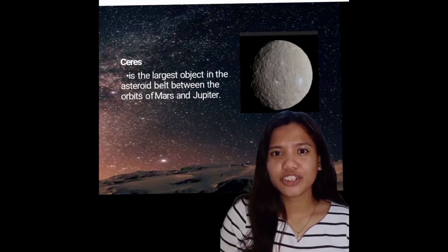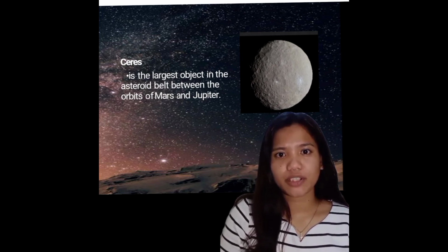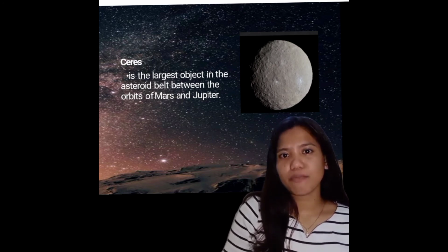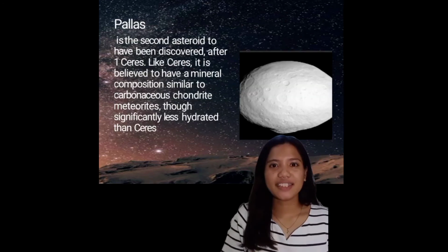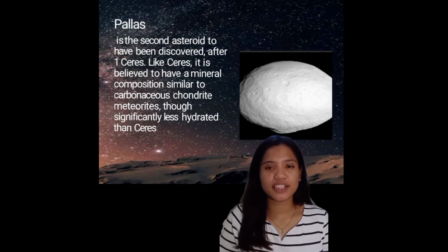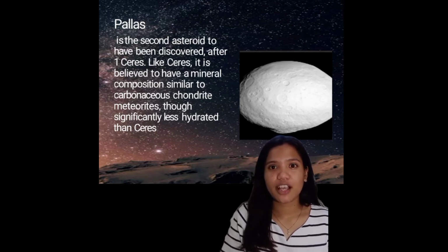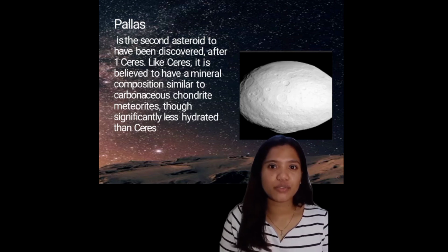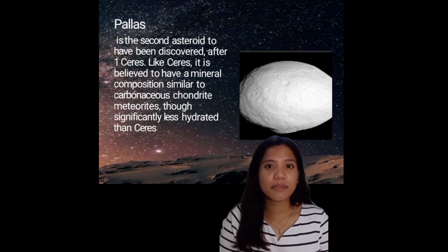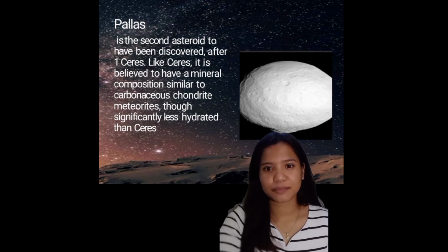Ceres is the largest object in the asteroid belt between the orbits of Mars and Jupiter. Pallas is the second asteroid to have been discovered after Ceres. Like Ceres, it is believed to have a mineral composition similar to carbonaceous chondrite meteorites, though significantly less hydrated than Ceres.